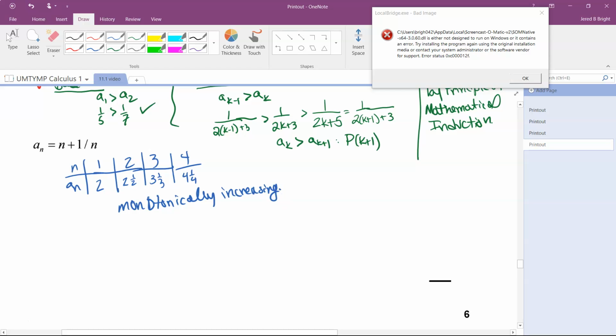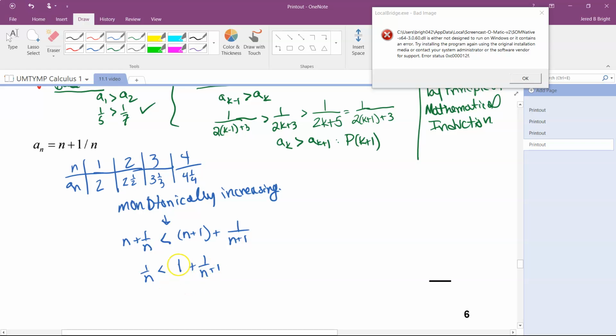And induction will work to show this, but you can maybe also just show it directly. The idea is you want to show that n plus 1 over n is less than n plus 1 plus 1 over n plus 1. And if you follow that math through, right, the n's would drop off, and you'd have 1 over n is less than 1 plus 1 over n plus 1.